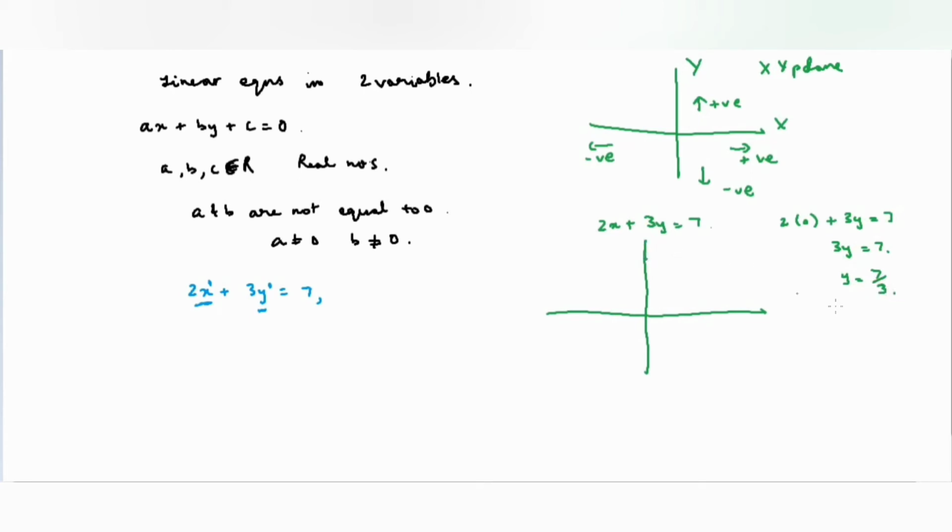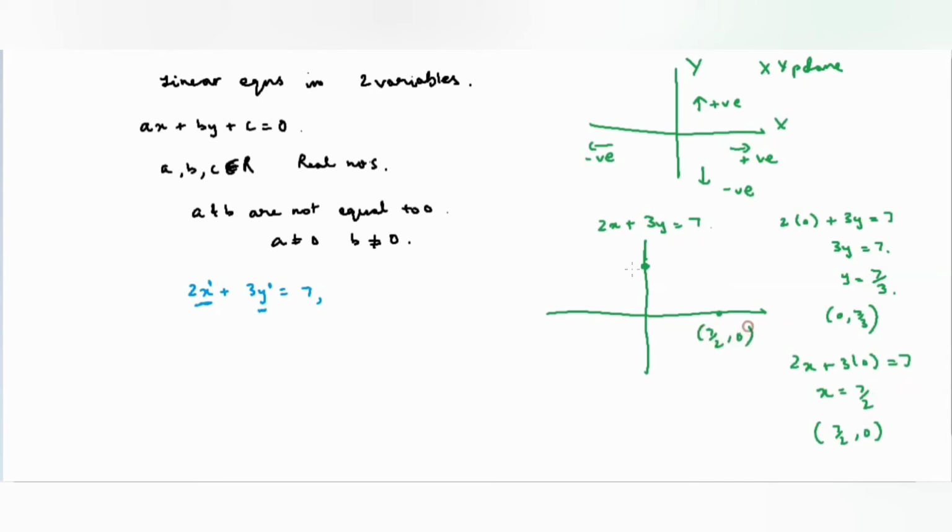So the point will be (0, 7 by 3), which is somewhere around here. Now similarly we'll put y equal to 0. So we get 2x plus 3 into 0 equal to 7. x equal to 7 by 2. So the point is (7 by 2, 0), which will be somewhere over here.